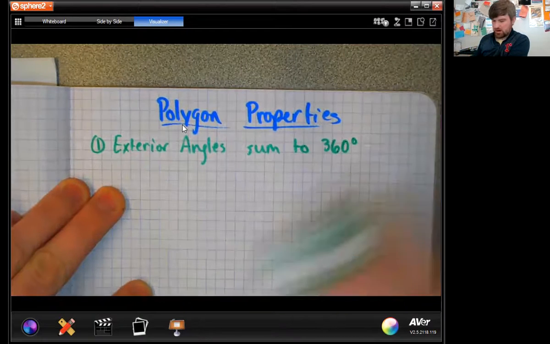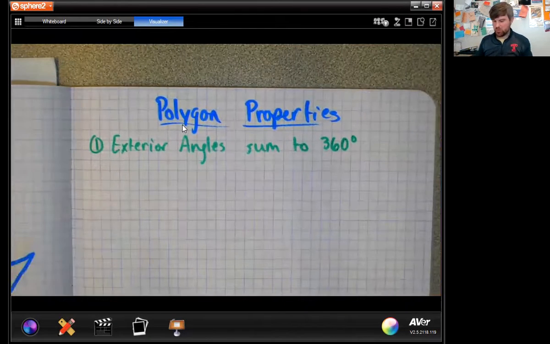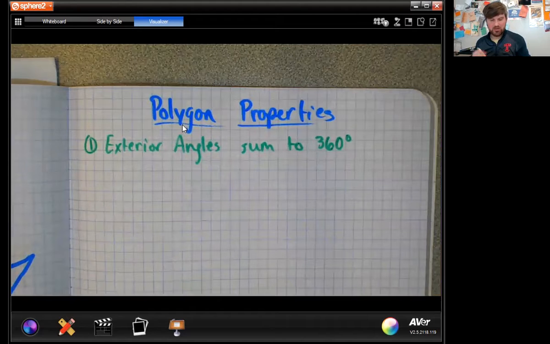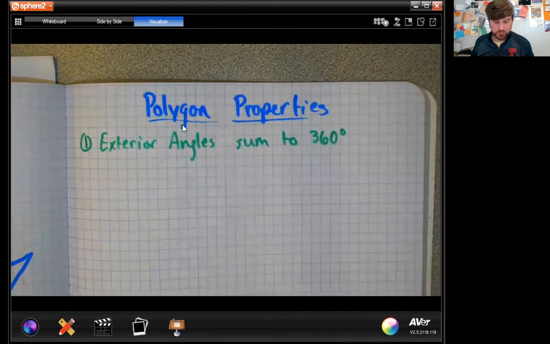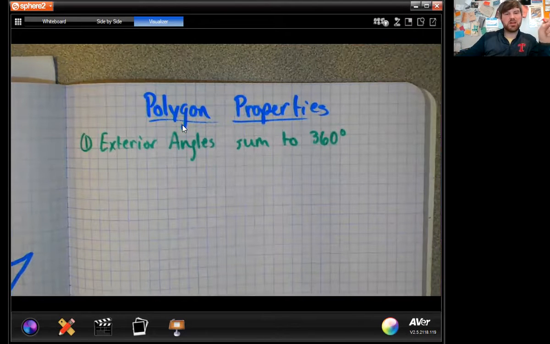And that's no matter what shape or polygon you have. This works for irregular and regular polygons, not necessarily concave, and we're not dealing with those.